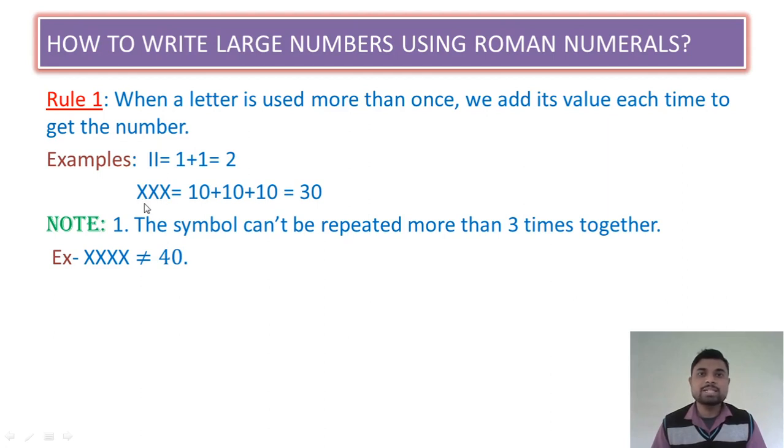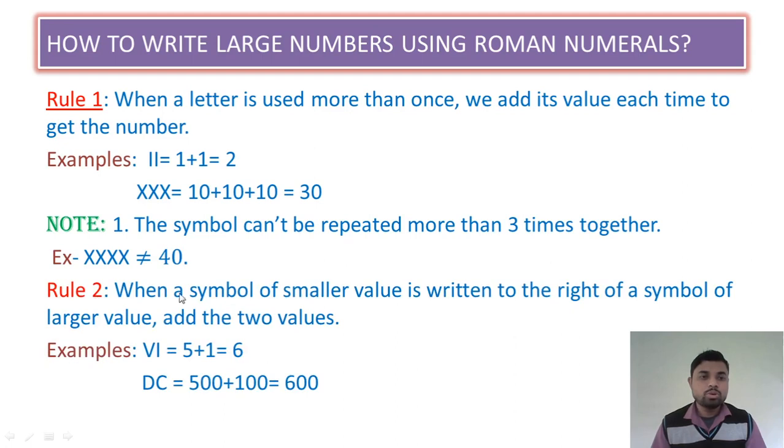X means 10, so 10 plus 10 plus 10, that means 30. Here note, the symbol cannot be repeated more than 3 times together. That means here you cannot write X 4 times, that means 40, you cannot write. You can write only 3 times.